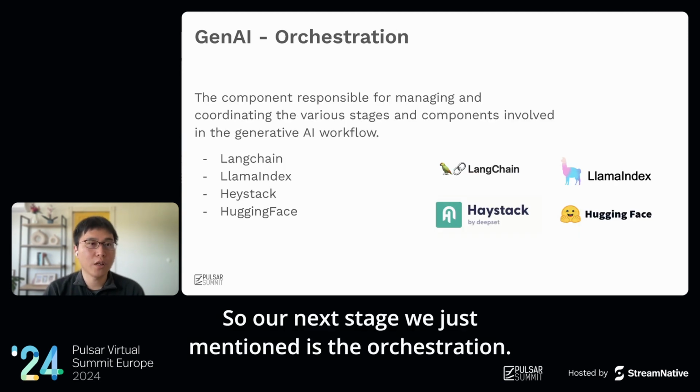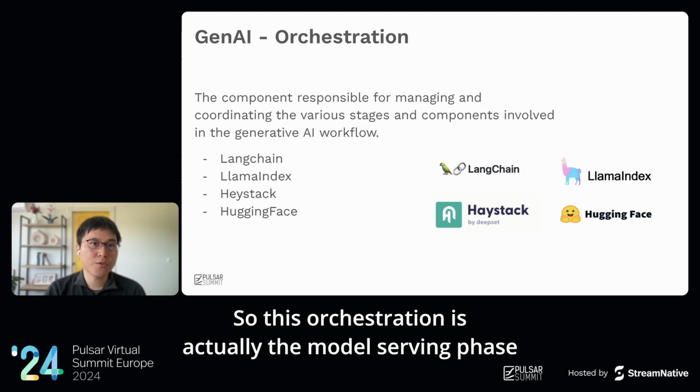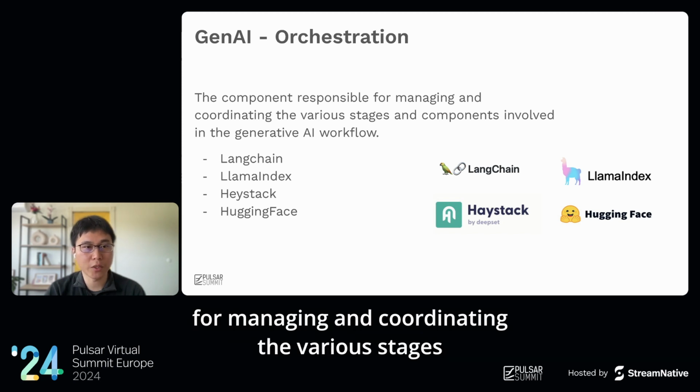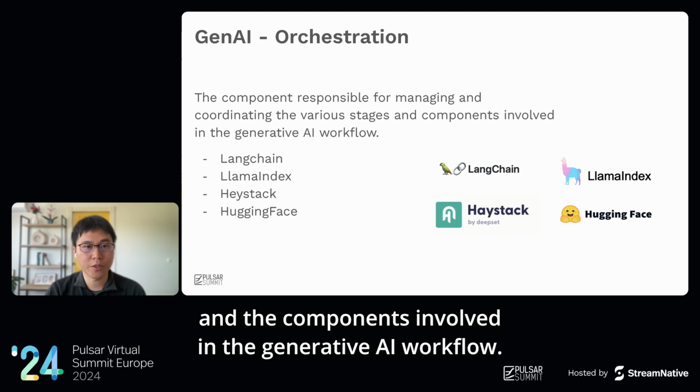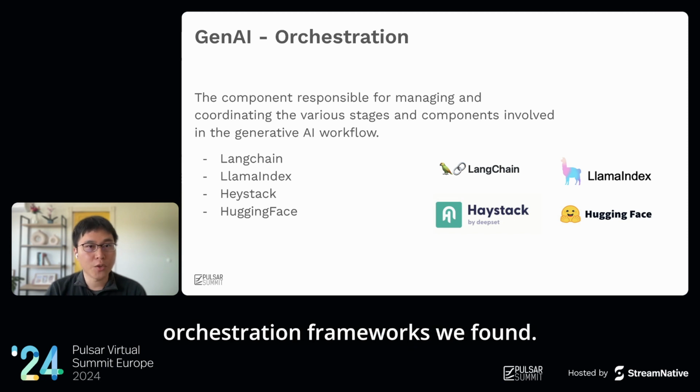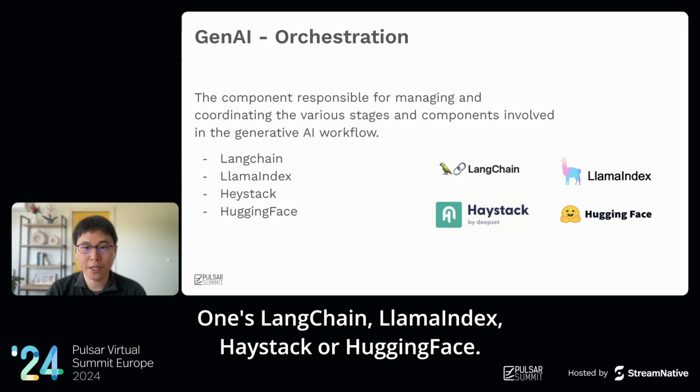Our next stage is the orchestration. This orchestration is actually the model serving phase, a component responsible for managing and coordinating the various stages and components involved in the generative AI workflow. Here are four very common orchestration frameworks we found: LangChain, Llama Index, Haystack, and Hugging Face.